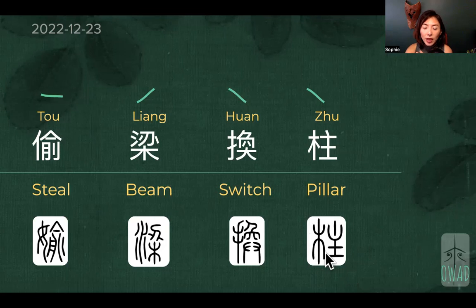So wood on one side, and then 主, which is the sound maker but also the meaning maker, because 主 comes from a candle holder. You can visualize the whole thing as a candle. This is the candle holder, and this is a cup to hold the wax from the candle, right? And then this is the fire up there.